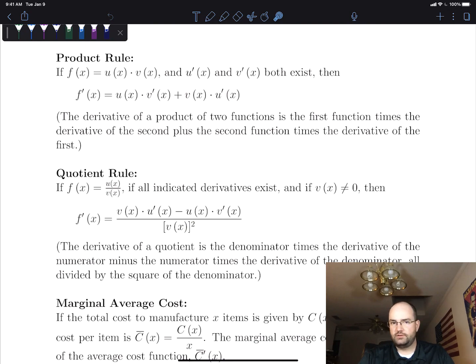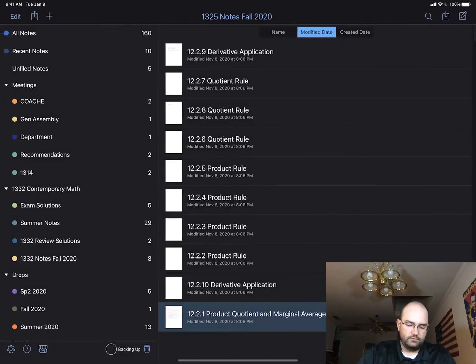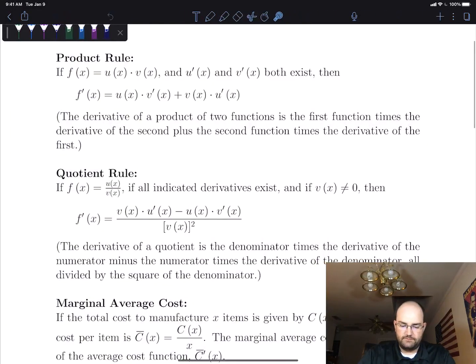Now, the way that I do this is that, first of all, what you see here is just some words. It says the derivative of a product of two functions is the first function times the derivative of the second, plus the second function times the derivative of the first. What I'd like to write down is the following. F prime equals u v prime plus v u prime.